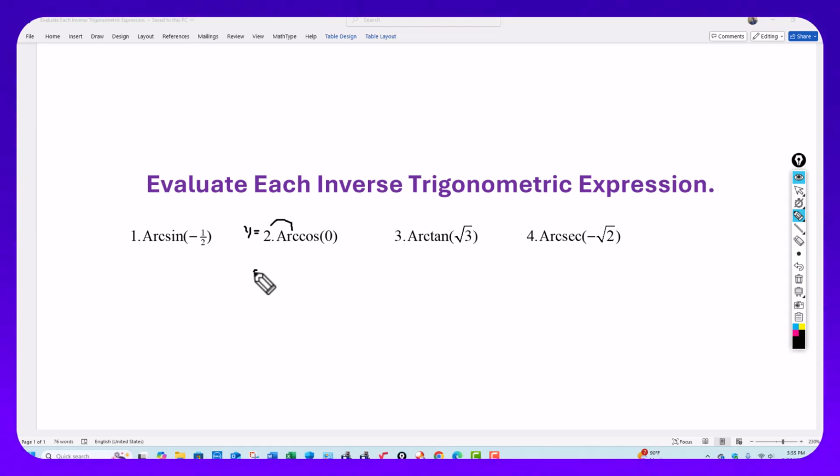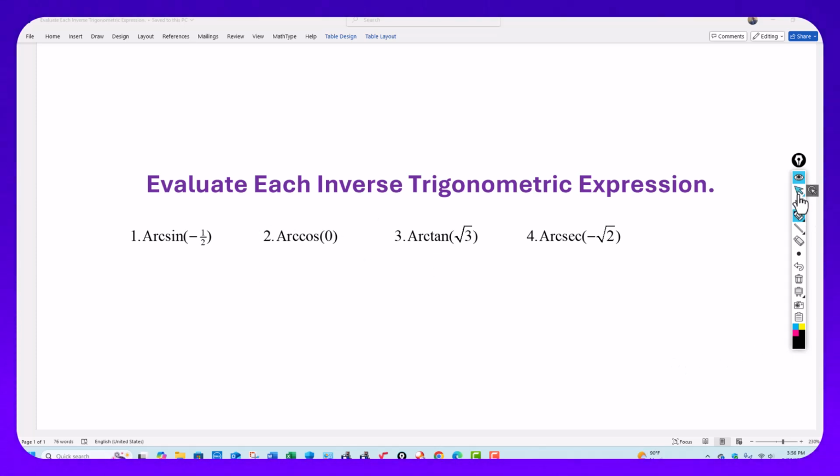So if I take the cosine of y, I have to get 0, but I have to be in the interval from 0 to π. The only angle that satisfies that condition is π/2. Again, arccosine of 0 is the angle whose cosine is 0, and that would be π/2. Cosine of π/2 equals 0, and it satisfies the range.